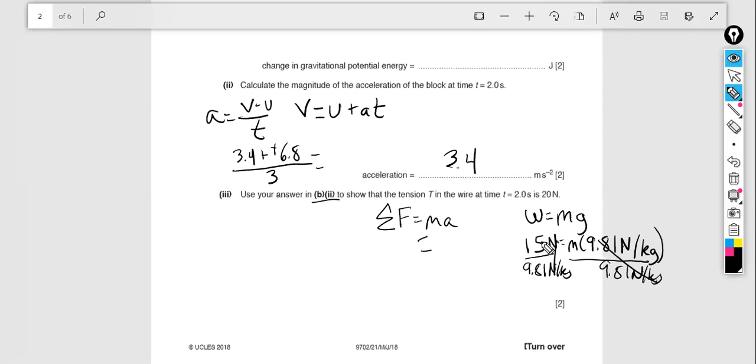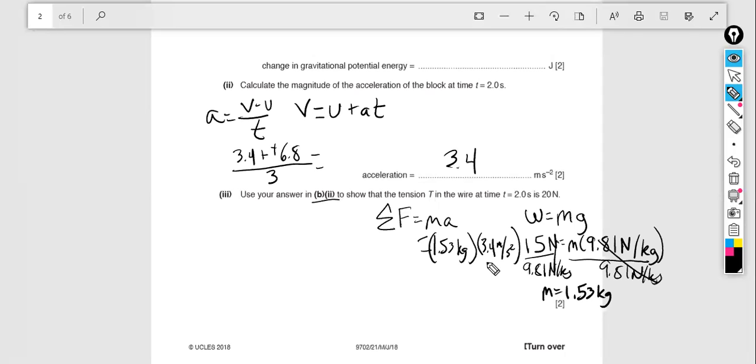And then, what is the mass of my block? 15 divided by 9.81 gives me a mass of 1.53. So that's the mass that I'm accelerating. My block is 1.53 kilograms of matter, right? Mass is the amount of matter. And I've calculated the acceleration to be 3.4 meters per second squared.